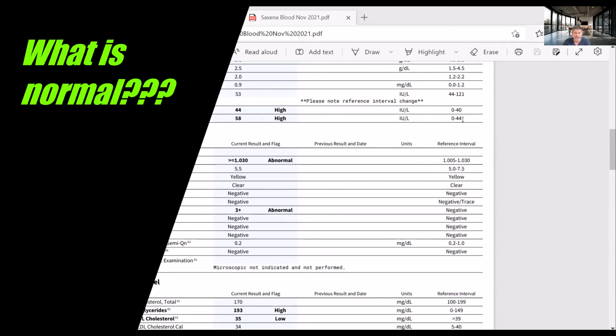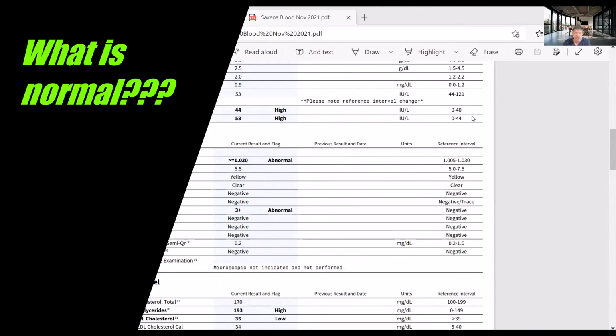If you live in California and you go to LabCorp, these numbers are different if you live in California and you go to Quest, or you go to Kaiser, or you go to the hospital, or you go to whatever lab. So they're different. LabCorp in California and LabCorp in Tennessee, these numbers are different. Why? Because they're averages. They are not the normals.